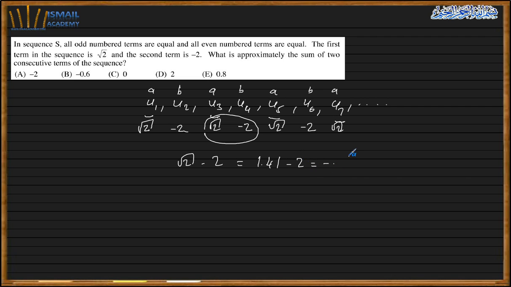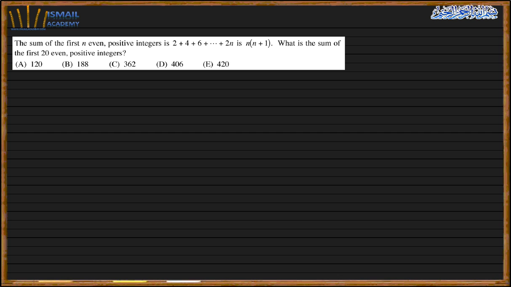So this is approximation. Next question. The sum of the first n even positive integers is, so they give me the sum. So if I have 2 plus 4 plus 6, so plus 2n, it is n times n plus 1.